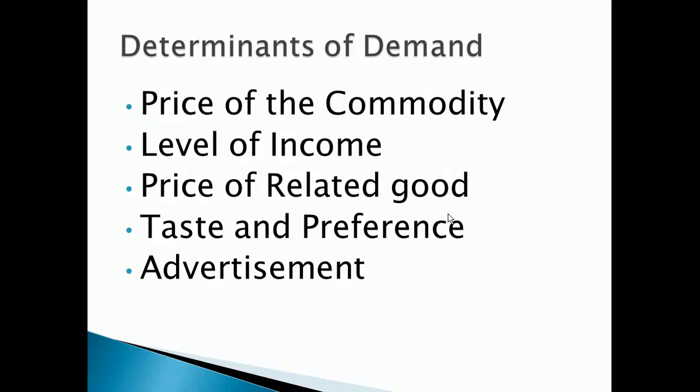The level of income, which is the money that an individual holds for a time, can also determine demand. The price of related goods is also a determinant of demand.